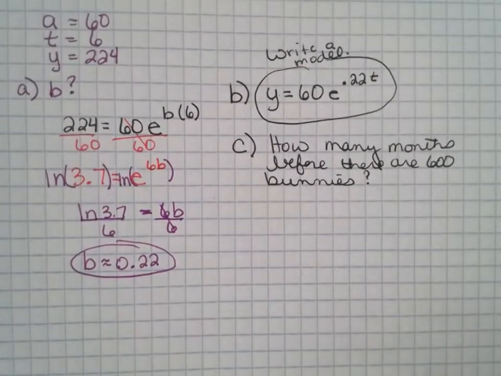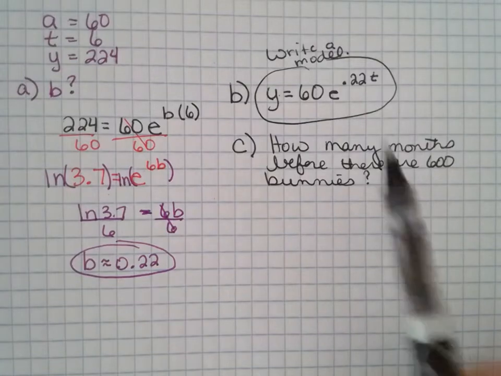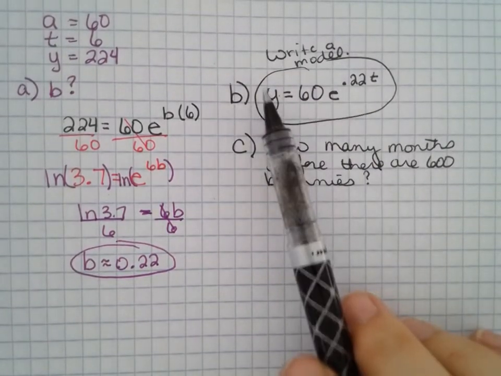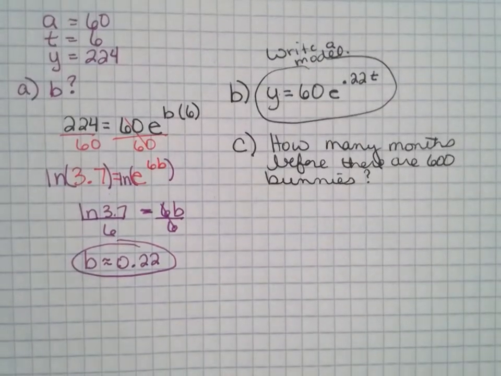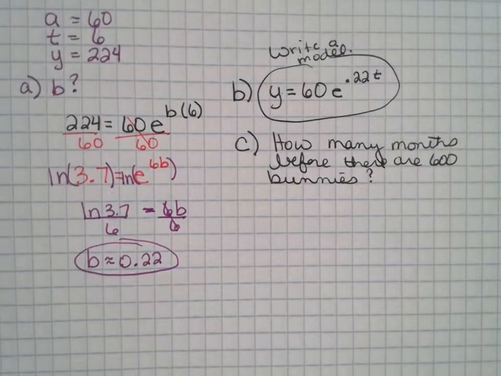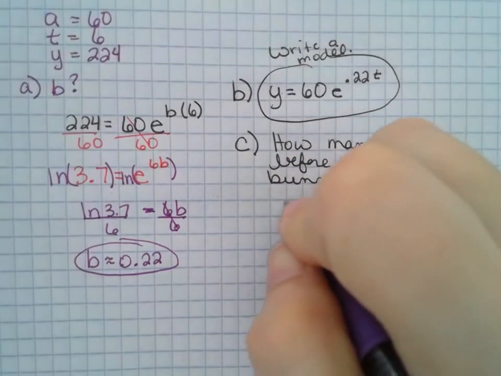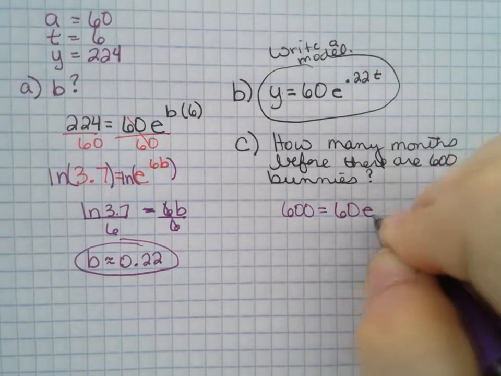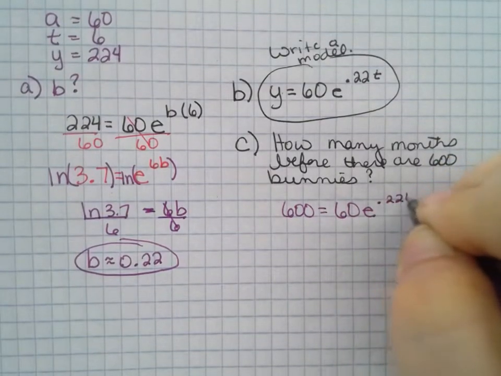Okay, well, what would 600 be? That would be y, right? That would be your ending population that we're interested in. So we're going to plug that in, and now we're having to solve for how many months, or t. So 600 is equal to 60 e to the 0.22 t.